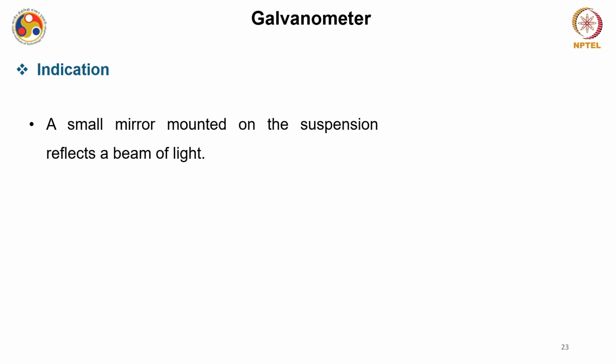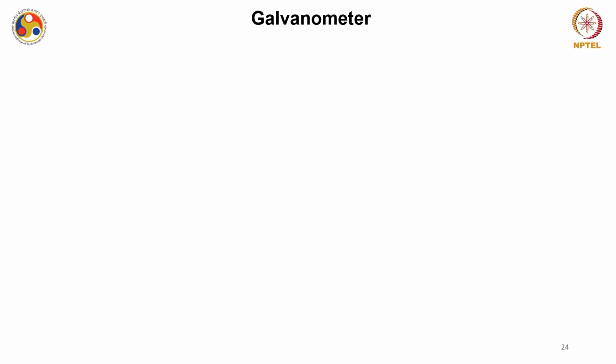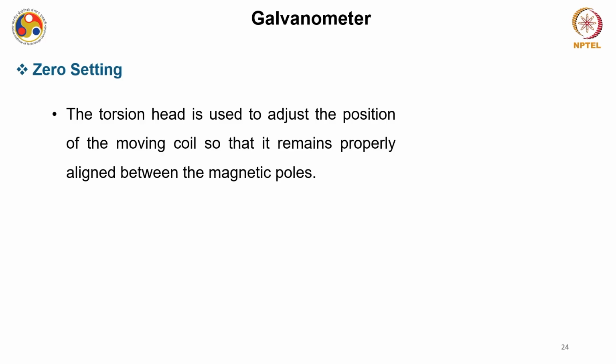For indication, a small mirror is mounted on the suspension which reflects a beam of light. So the deflection of the suspension is measured by observing the movement of the reflected beam on a scale. Now zero setting is provided by a torsion head which is used to adjust the position of the moving coil so that it remains properly aligned between the magnetic poles.